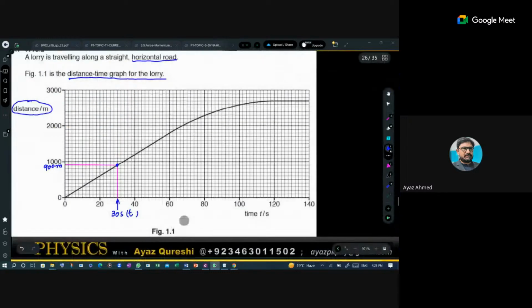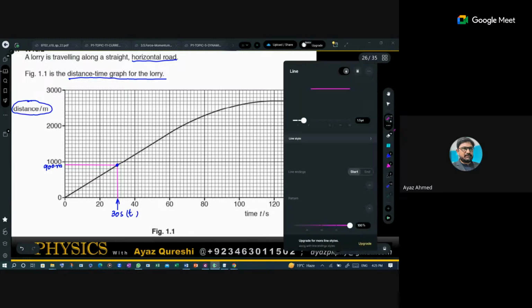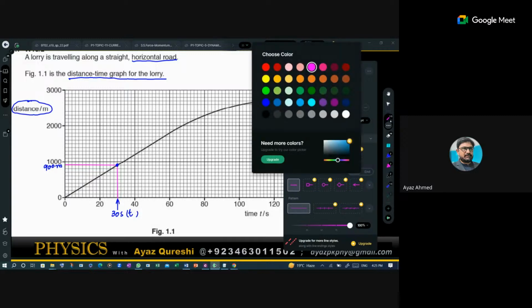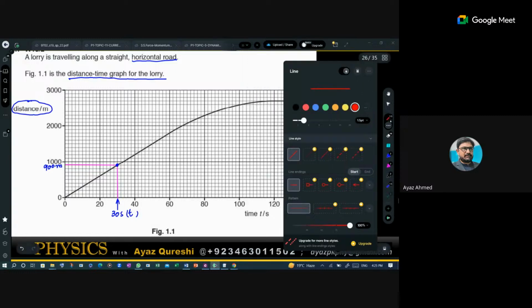Whenever this type of question is asked, don't select exactly the same point where you are asked to calculate. This is very important. Select any other point other than the one being asked.